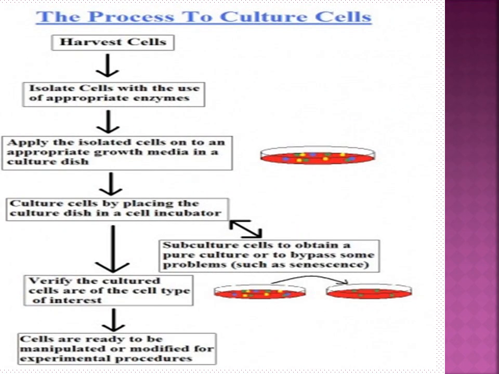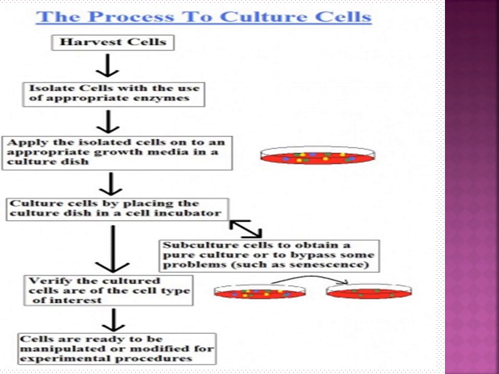So how do we process the tissue culture? First, you isolate the cells. We use appropriate enzymes to isolate the cells, because if you're taking a tissue, we need to separate out the cells from the tissue. Now, we apply the isolated cells onto an appropriate growth medium in a culture dish or a petri plate.